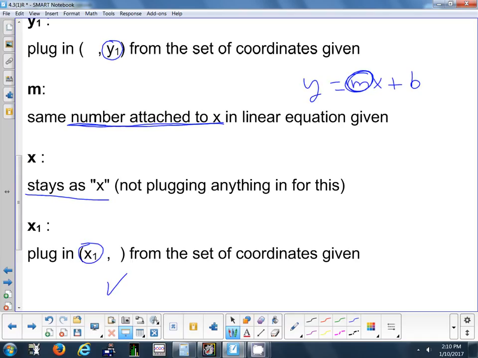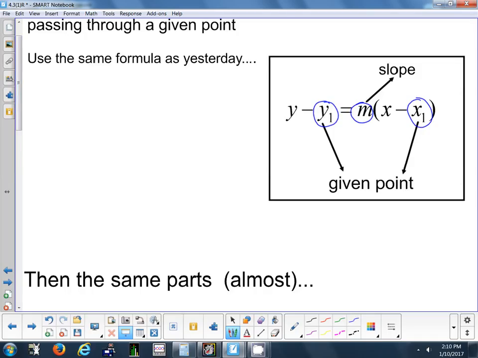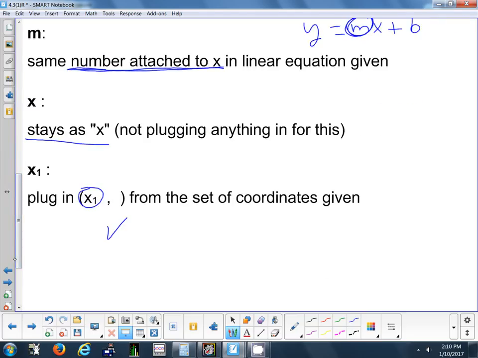You have to use distributive. And then the second step, well, you're going to have a number right here. And we usually have to add it or subtract it to the other side. But that's only if they say do slope-intercept. Okay, maybe I'll just do one of those today, but everything else will just be point-slope.